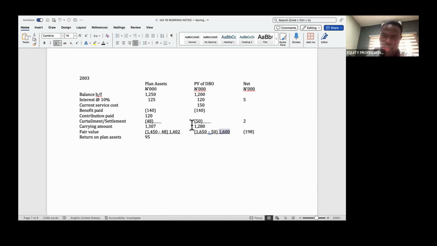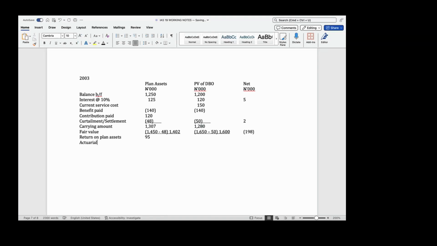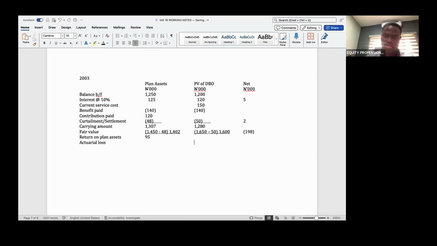The obligation at the end is higher than the obligation in our books. Is that a loss or a gain? It is a loss. Is a loss.